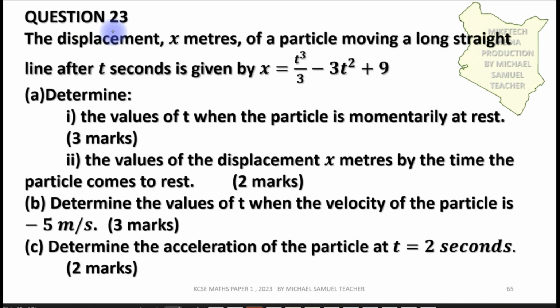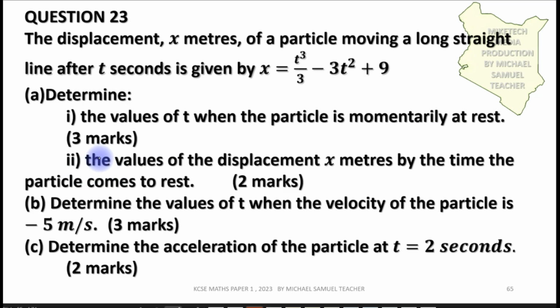Question 23. The displacement x meters of a particle moving along a straight line after t seconds is given by x is equal to t raised to 3 over 3 minus 3t squared plus 9. Part A, determine: Roman 1, the values of t when the particle is momentarily at rest.